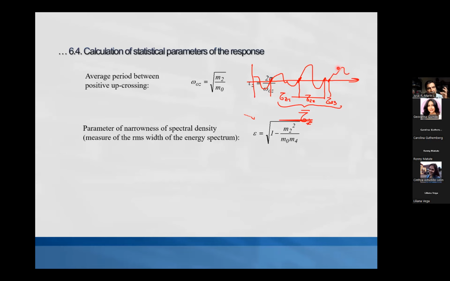Kind of weird, because if we mention that we are considering a minimum, we expect it to be negative. If we consider a maximum, we expect it to be positive. So this parameter here, epsilon, helps us to evaluate if there are many of these positive minima or negative maxima. Okay? And this parameter is calculated in this way.